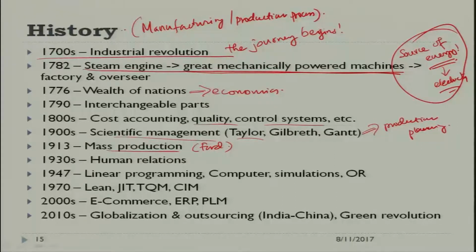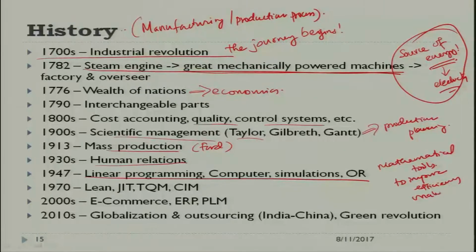Then came human relations, the importance of HR. Then mathematical tools, operations research tools, to improve efficiency or make the system better: linear programming, simulations, and so on. Then came lean, JIT, TQM, CIM, computer integrated manufacturing.